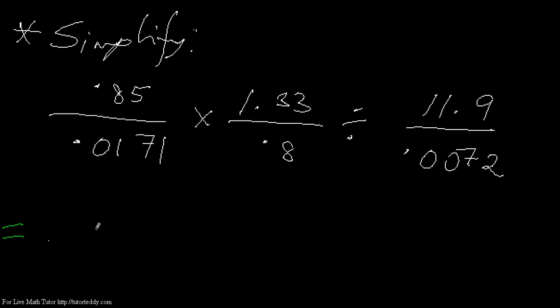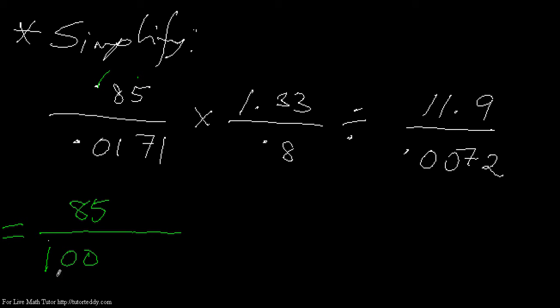So my next step becomes this: we have 0.85, so that means I can remove this point and write 85 if I divide it by 100. Why 100? Because I have the decimal point after two numbers, 1 2. After two numbers I have this decimal point, so I divide it by 100.